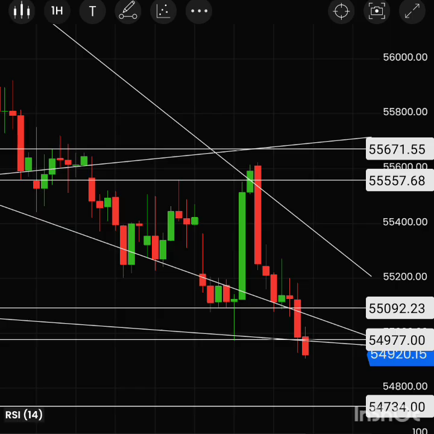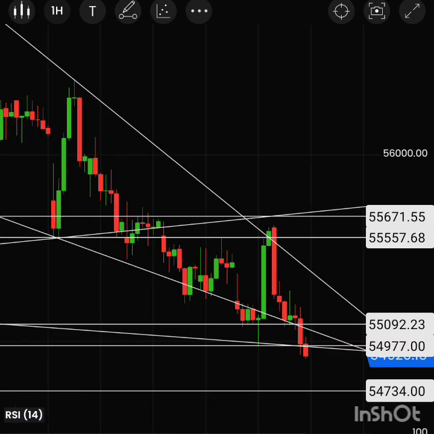Below this one I already mentioned we have 55,000 as a small support, and last Friday it closed around this same support, and it fell below at closing time. That's not a good sign for the next week's movement.